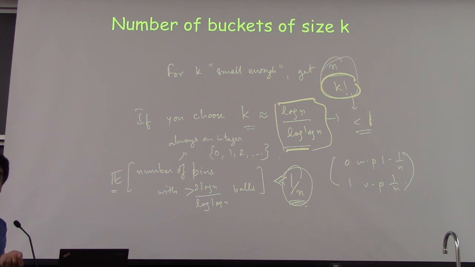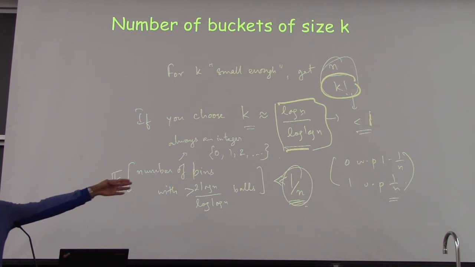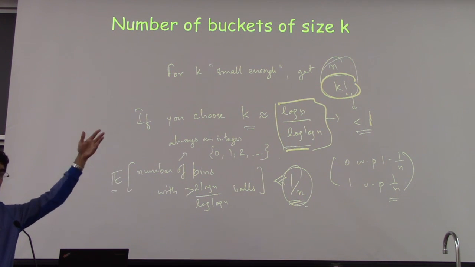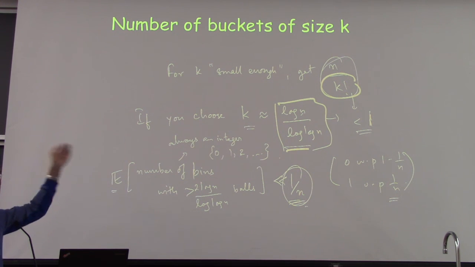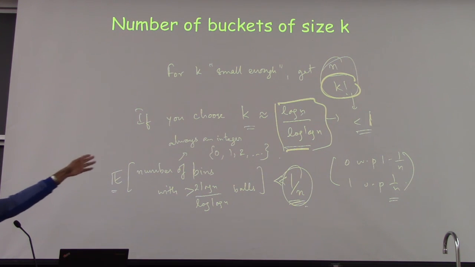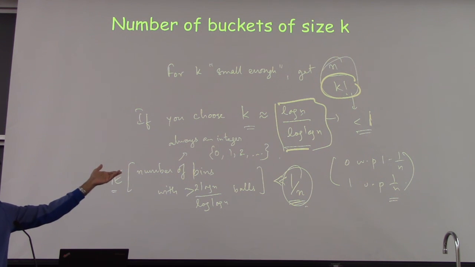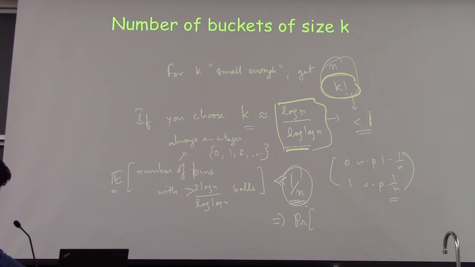Because even if you are 1 with any probability more than 1 over n, then your expectation will actually be higher. So this is another standard way of computing the probability that it's 0. Because this implies that the probability that there are no bins with size more than this number is at least 1 minus 1 over n.